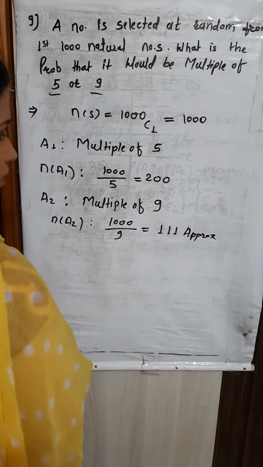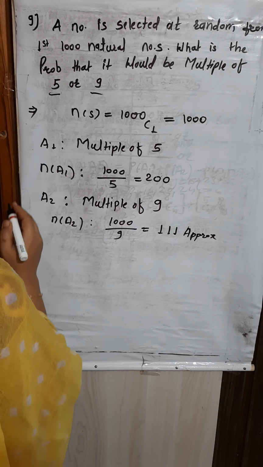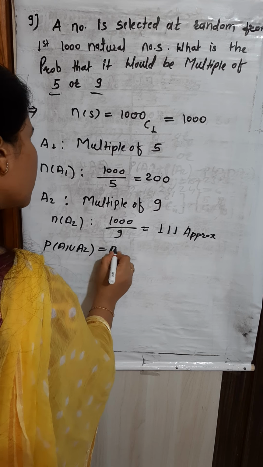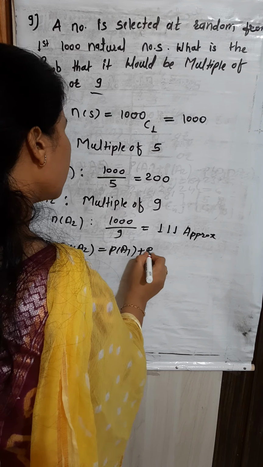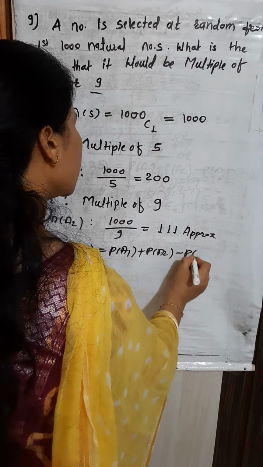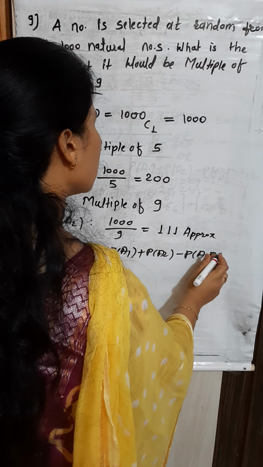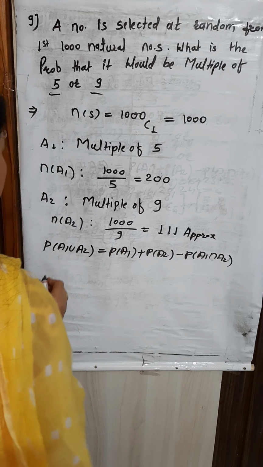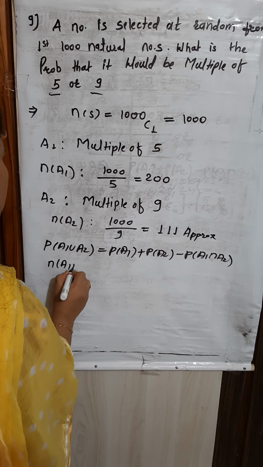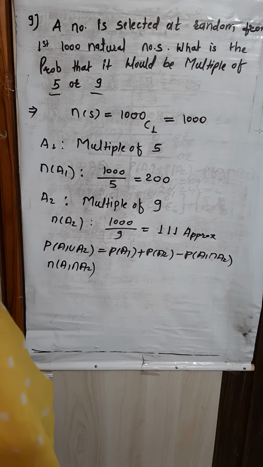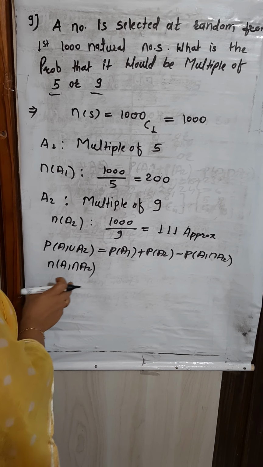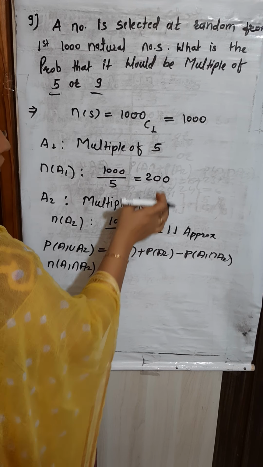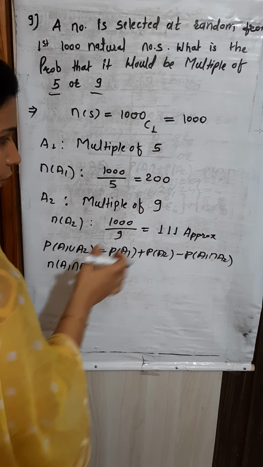We need an integer number. After that, we need to find the probability of A1 union A2. Its formula is probability of A1 plus probability of A2 minus probability of A1 intersection A2. So what is n of A1 intersection A2? For that, we need all those numbers which are multiples of 5 as well as 9. So we'll take the product, 5 into 9, 45.